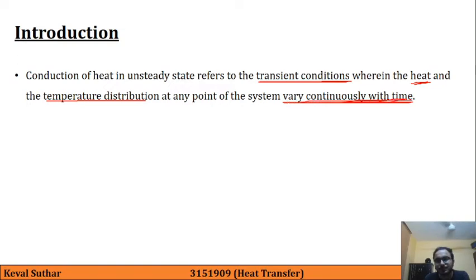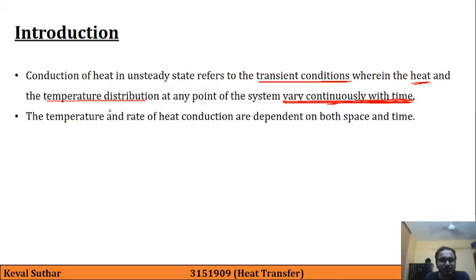Okay. Here the temperature and the rate of heat conduction both are dependent on space and time. So here we can say that now the temperature is a function of x, y, z as well as tau.